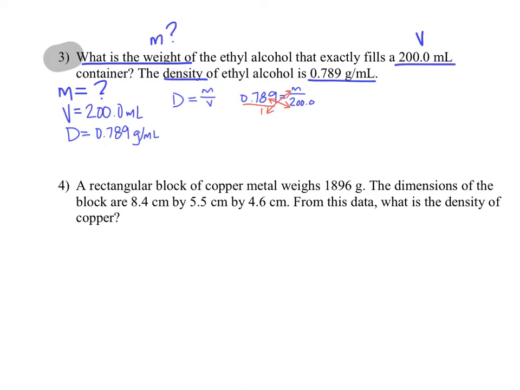So we know that 1 times m is m. Actually, I'm sorry, I'm going to keep it on the same side that it was. So 1 times m is 1m, or just m. And then on the left side, I've got 0.789 times 200.